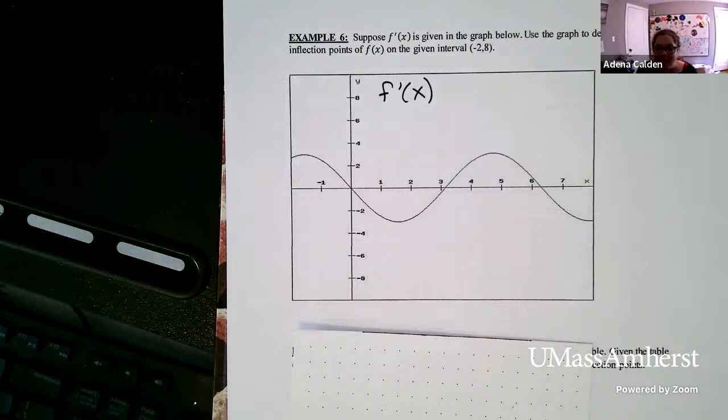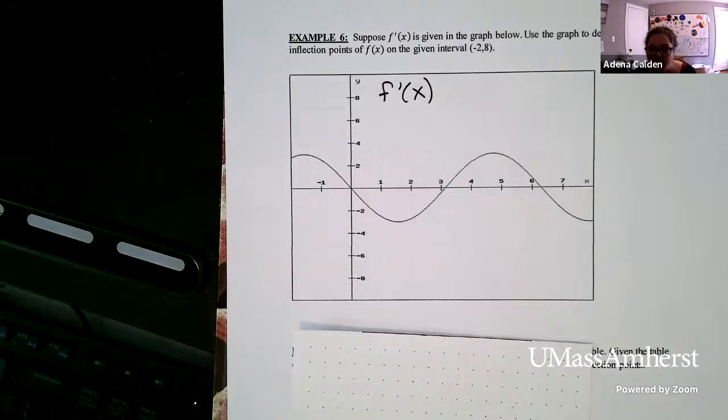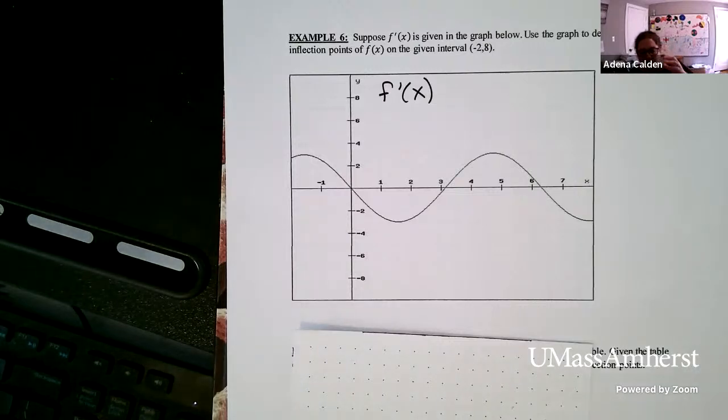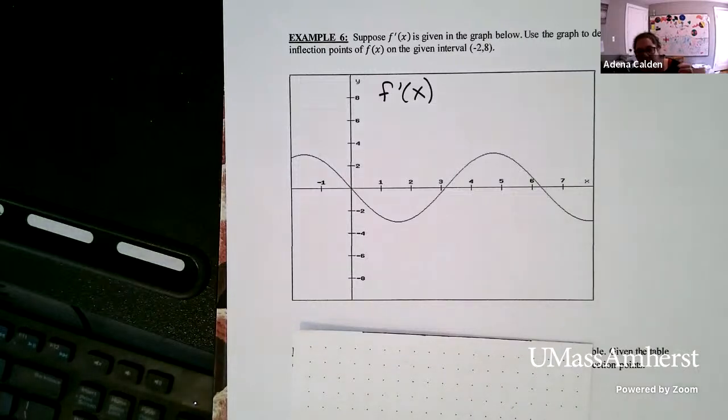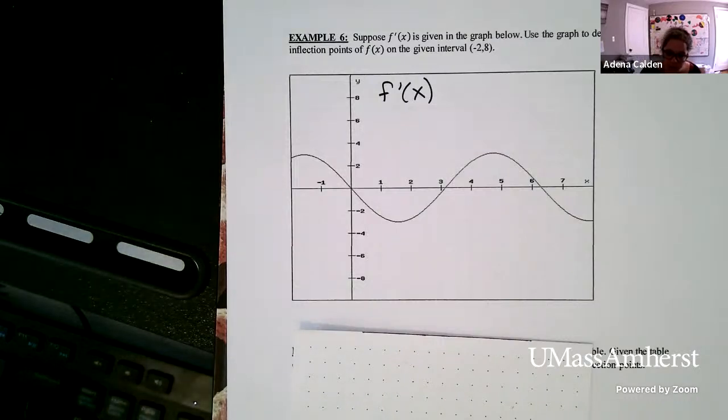Given this graph of the first derivative, we want to find the inflection points of the original function. So how do we use information about the first derivative to tell us something about the second derivative? And what do we need to know about the second derivative to find inflection points of the original function?